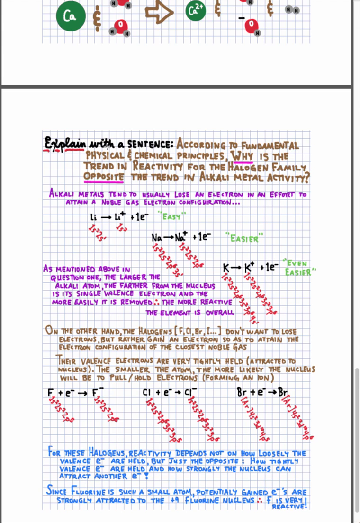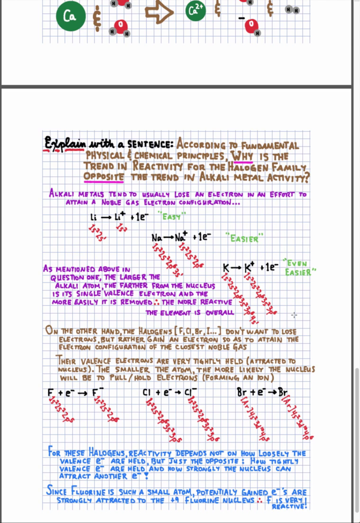I like science. Why, on fundamental physical and chemical principles, is the trend in reactivity for the halogens, fluorine, chlorine, bromine, iodine, opposite the trend in alkali metal activity? By that we mean, as I go from lithium to sodium to potassium, we've already explained why potassium is even more reactive than sodium, which is more reactive than lithium.